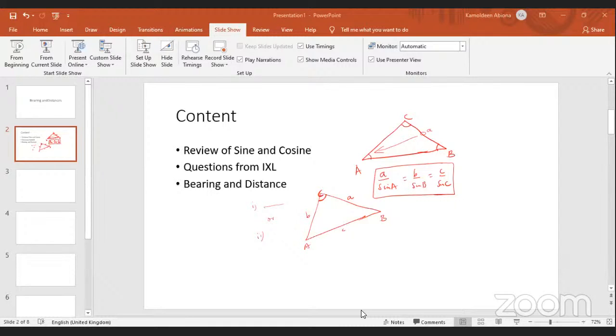That's where we are going to quickly see how we can apply our sine and cosine.